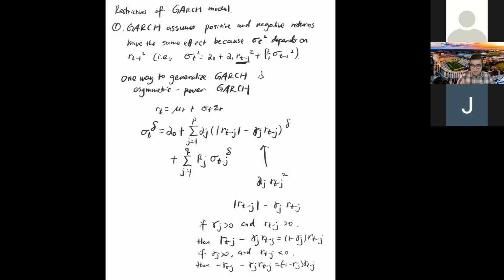But anyway, the difference here is that the effect of current period return on next period return is not symmetric. It is asymmetric. It depends on your gamma j, and it also depends on whether your first period return is positive or negative. So it depends on a lot of things here: both gamma j and the sign of R_{t-j}.